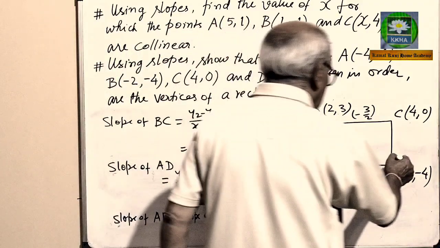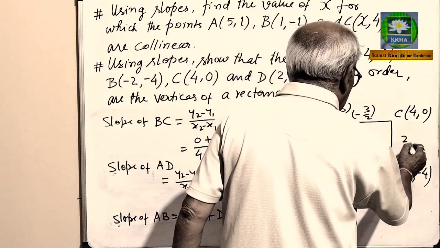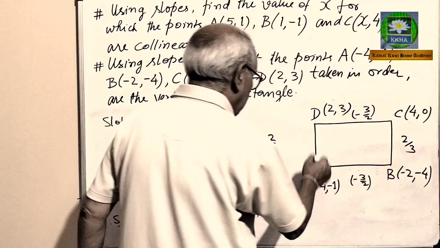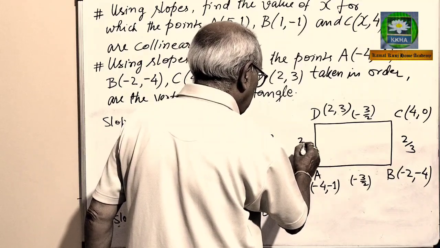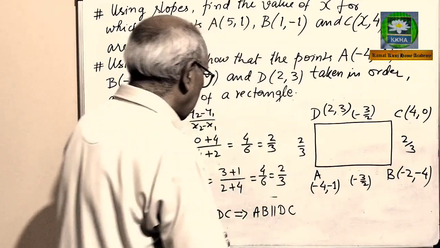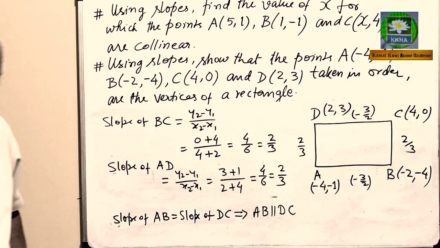So slope of BC is also 2/3 and slope of AD is also 2/3.